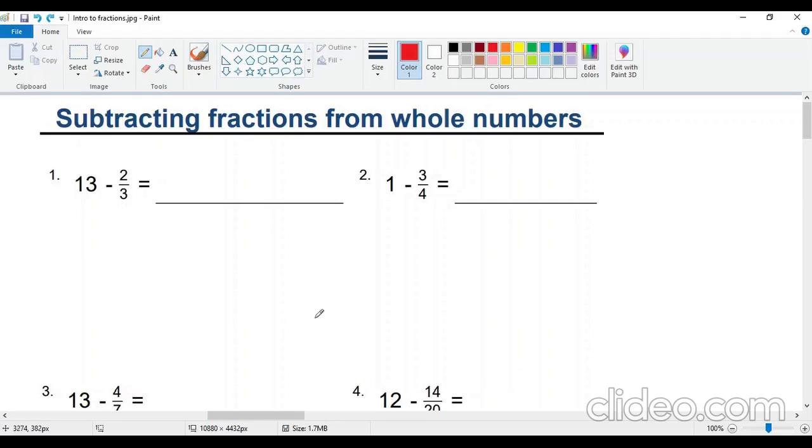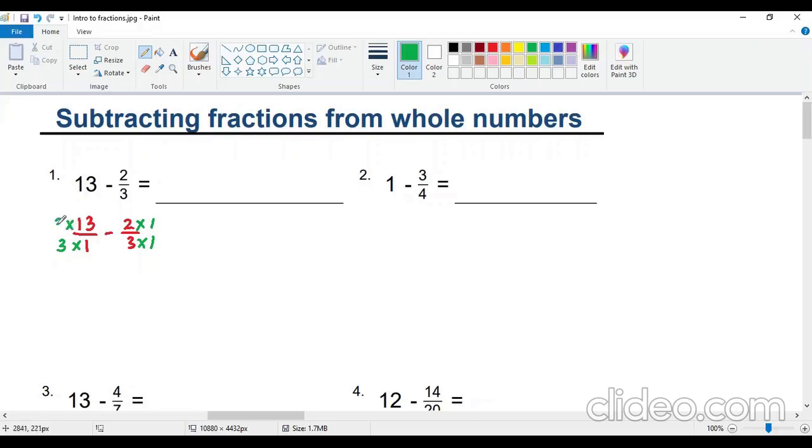Include subtraction of fractions from whole numbers. As soon as you see questions like this, whole number should be treated as a fraction, and you can write 13 over 1 minus 2 over 3. What we have done in the previous parts is equalizing the denominator, 3 multiplied by 1 and 1 multiplied by 3, and we multiply with the same number.